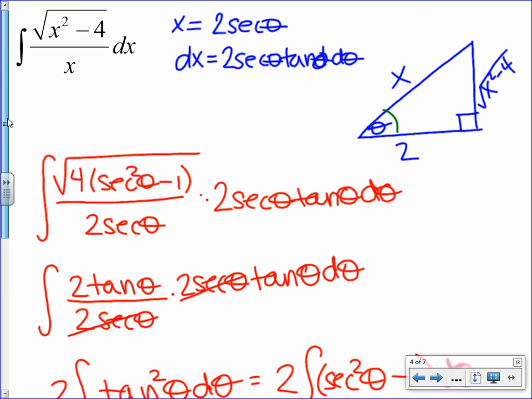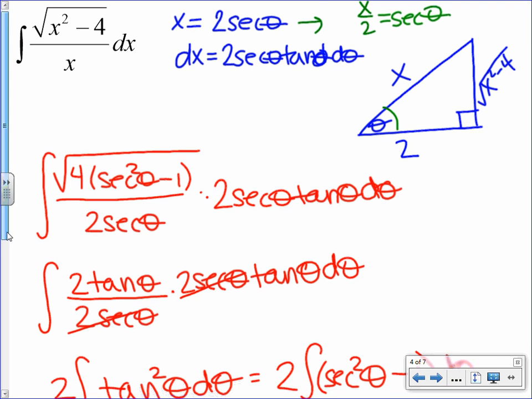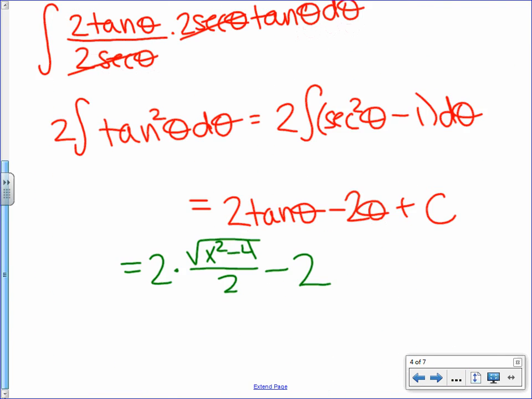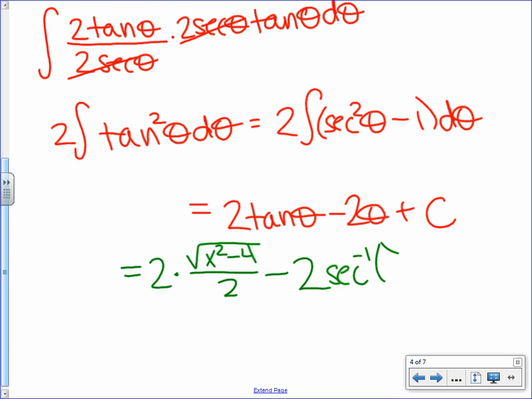We know x is 2 secant theta, right? So x over 2 is secant theta. To solve for theta, we have to perform the inverse. So this is secant inverse of x over 2.